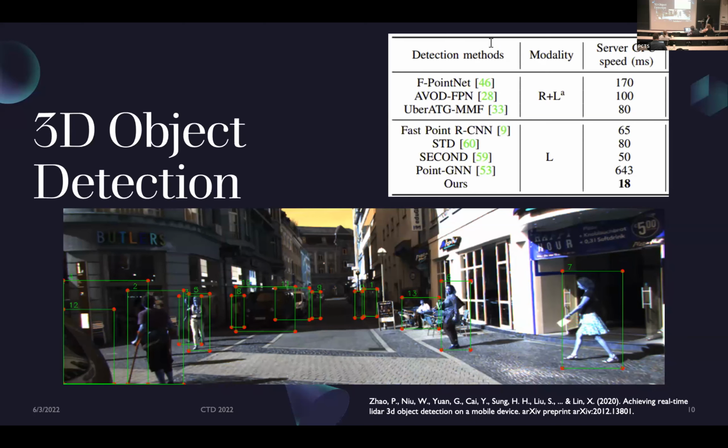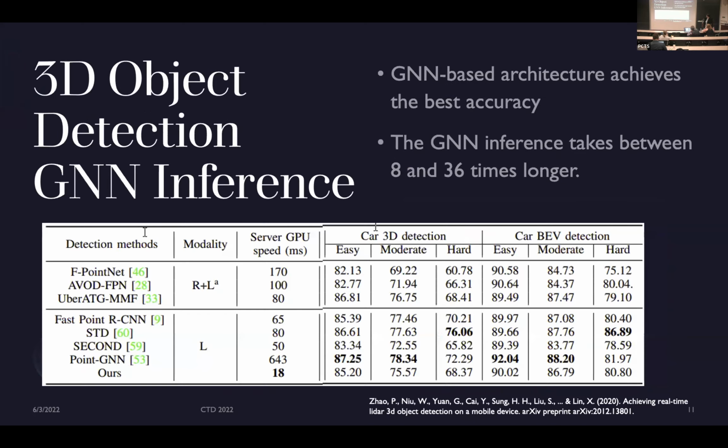However, the GNN actually takes between 8 and 36 times longer than the state-of-the-art approaches, even if in most cases the accuracy is the best.